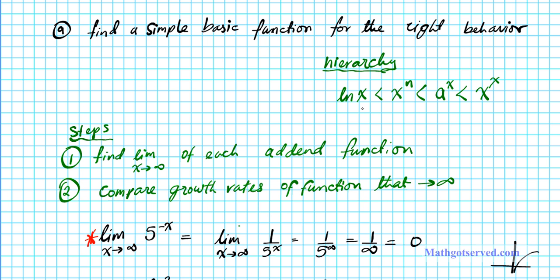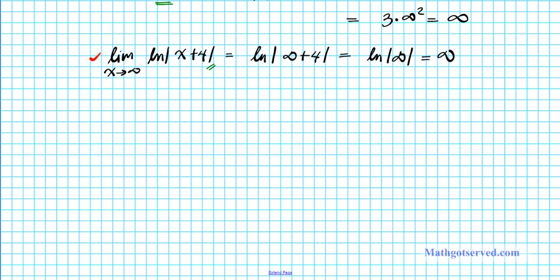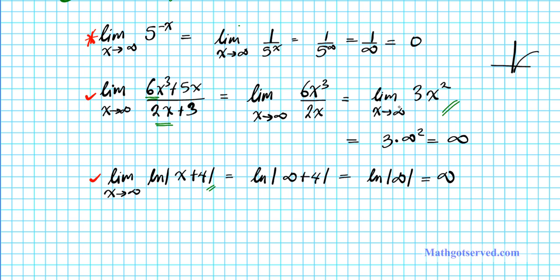Logarithmic functions are the slowest ones. So in this case, the right behavior model is given by 3x squared.